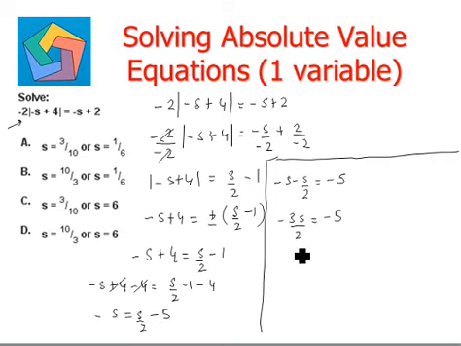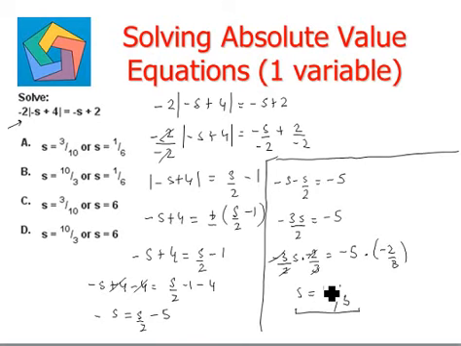From here we calculate, that is multiply both sides by negative 2/3. Negative 5 times negative 2/3 gives s equals 10/3. This is one of the values.